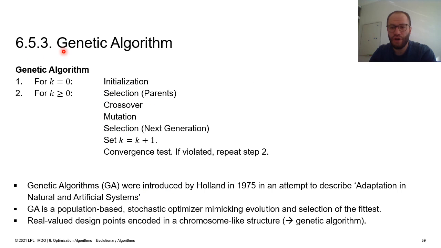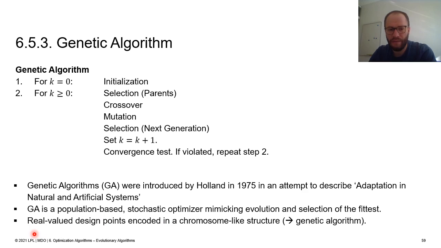Our first evolutionary algorithm is the genetic algorithm. It was introduced by Holland in 1975. It's a population-based stochastic optimizer mimicking the evolution. So in our other categorizations, it is a stochastic optimizer, and it also has global convergence characteristics.